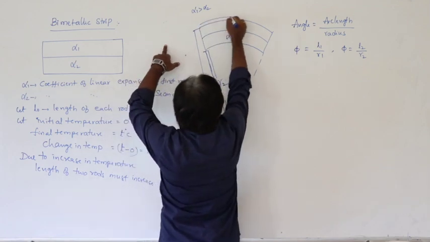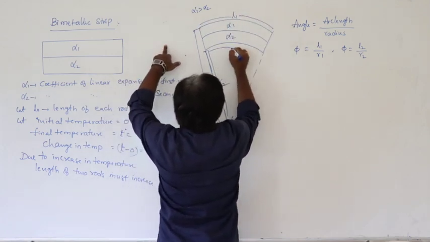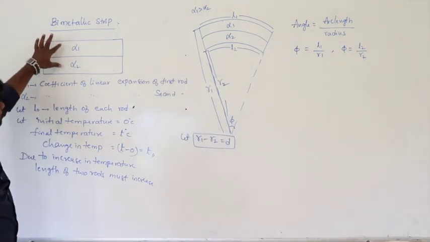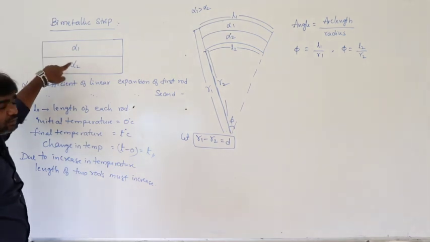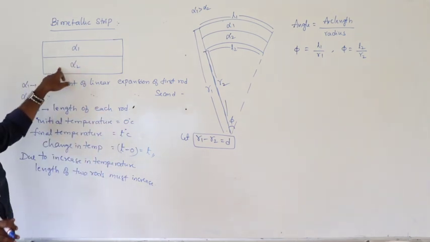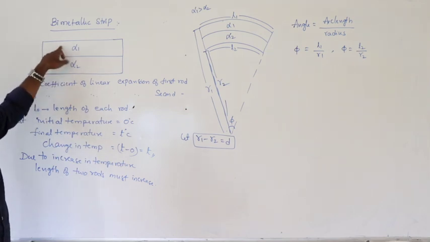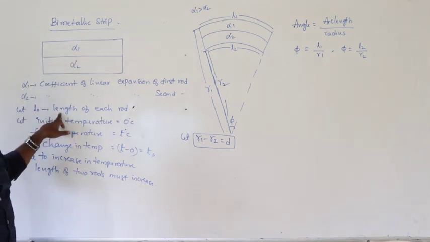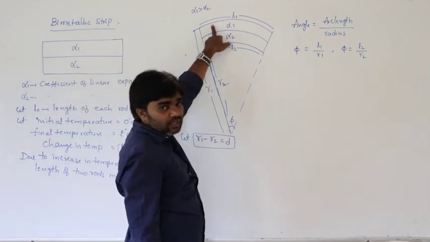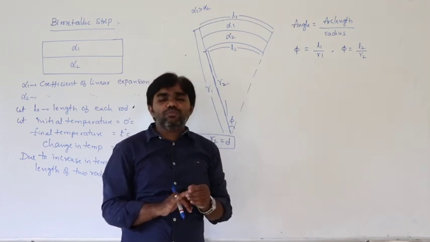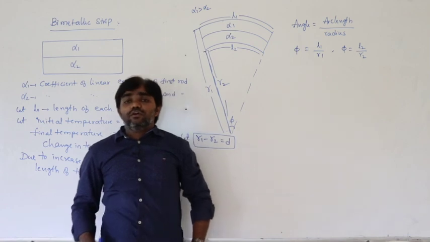Let us say after expansion the length of the first rod is L1 and of the second rod is L2. Of course, initially both have the same length L0, but due to the increase in temperature the length of the first rod is L1 and the length of the second rod is L2, and both are different. Why are they different? Because these two are made of different materials, so they expand differently.